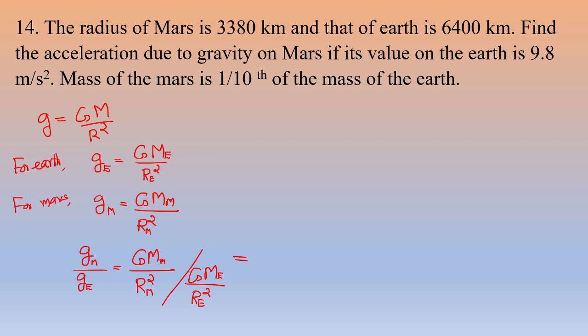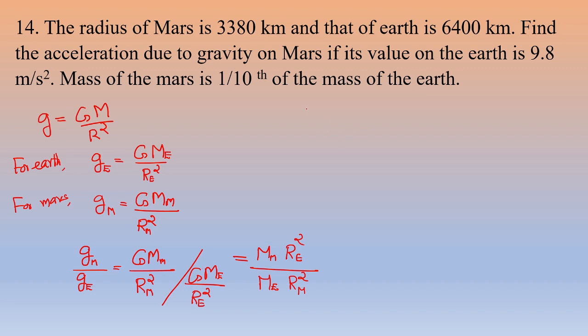That gives, this capital G will be cancelled out, and we have the mass of Mars, M, and this RE square coming to the top, the numerator is RE square, divided by the mass of the Earth, ME, and the radius of Mars square, that is RM square.